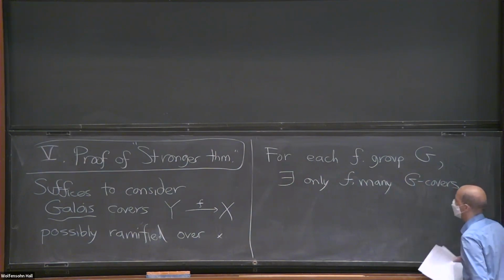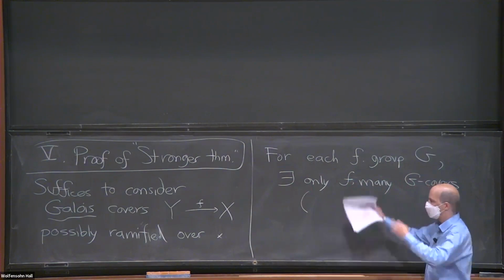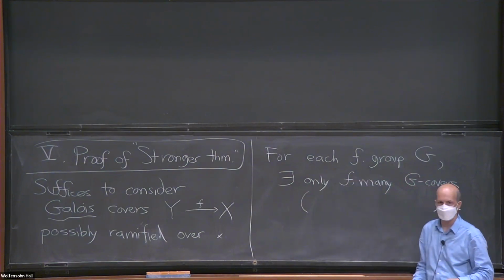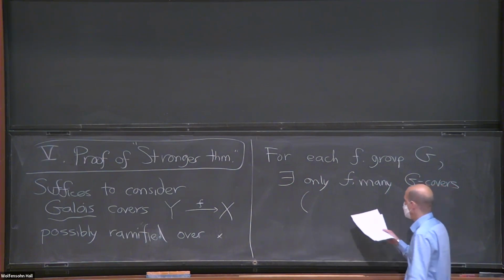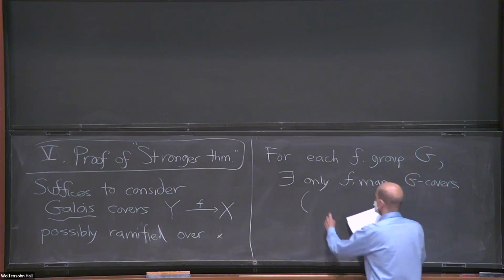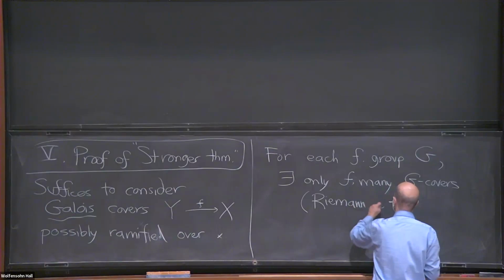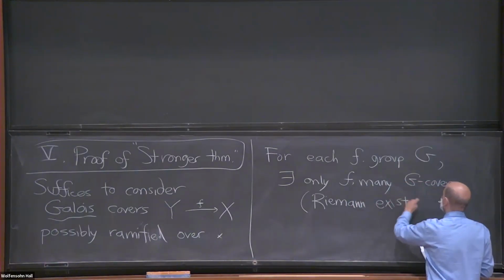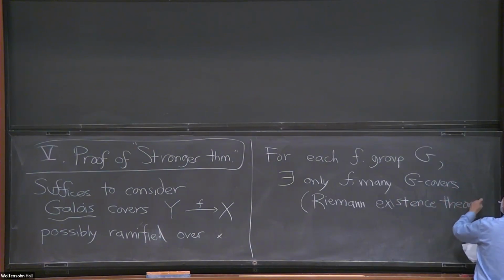You can understand this analytically because these correspond to surjections from the fundamental group of x minus the point onto G. There are only finitely many of those because the fundamental group is finitely generated and G is finite. All those will be algebraic by the Riemann existence theorem, and so you can describe them.